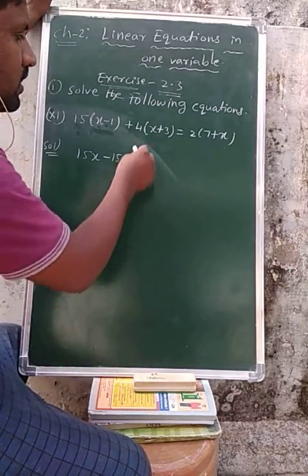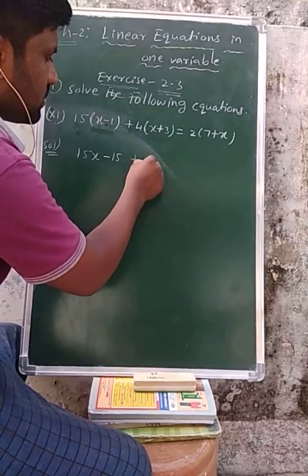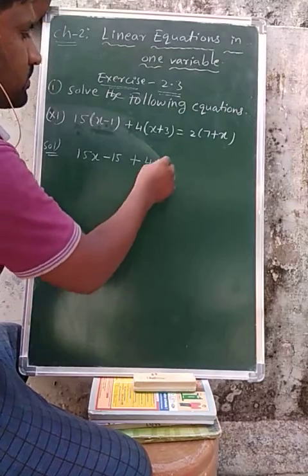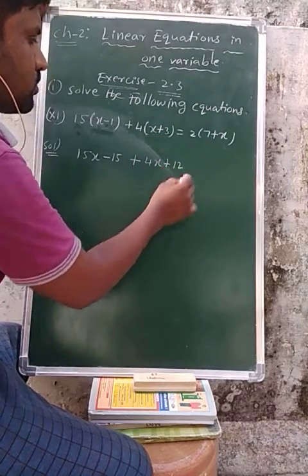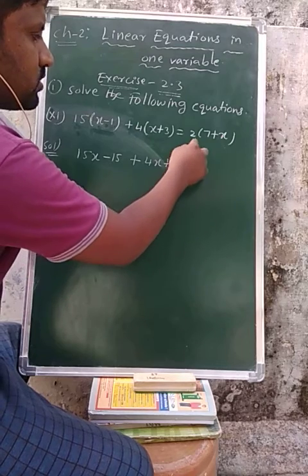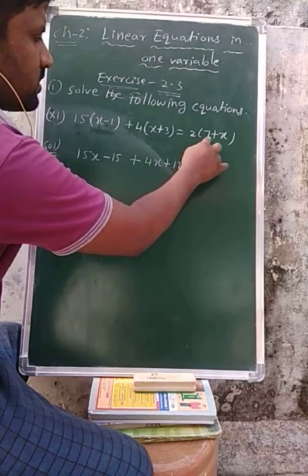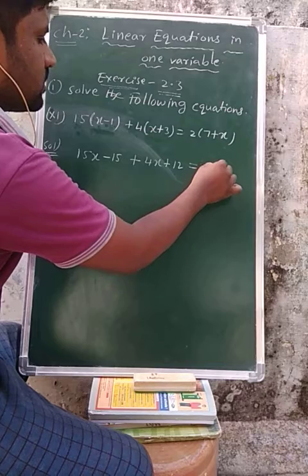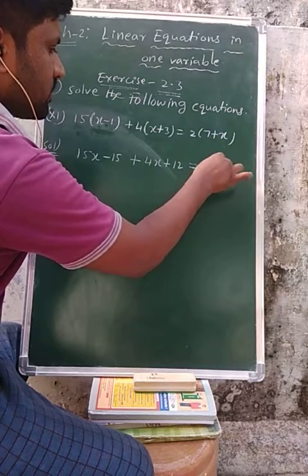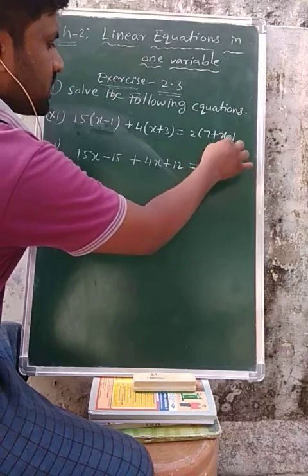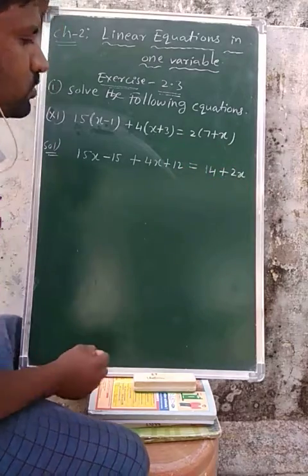That is 4x plus 4 3s are 12, is equal to 2 of 7, 2 7s are 14, plus 2 of x, that is 2x.